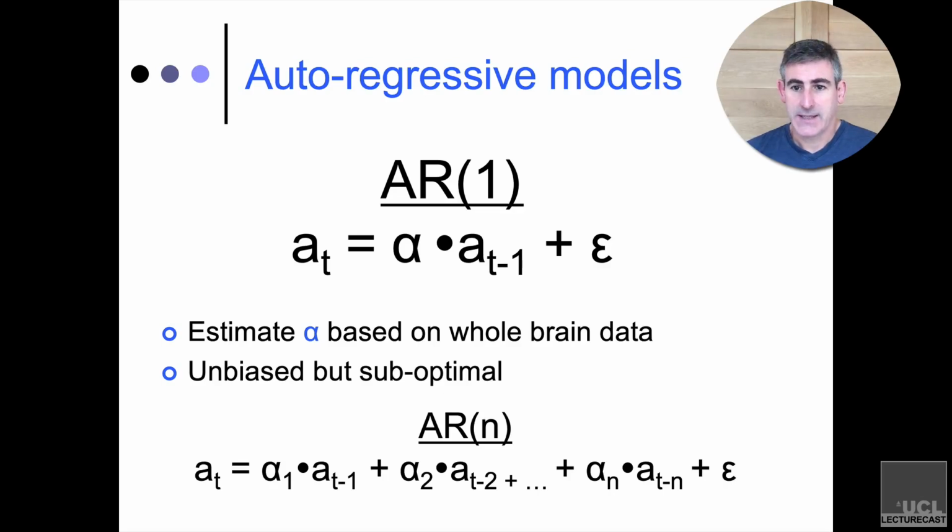It used to be the case that SPM allowed you to do more complicated things than an AR1 model, but because the noise in the data are very low frequency, it turns out that adding steps beyond the first, like going back one, really doesn't help that much in terms of explaining the data. So now all you can estimate is an AR1 model. So again, I'm mentioning this for your information, not because you're going to use ARN models. They're not relevant to the kind of things that we're doing with fMRI at this point.